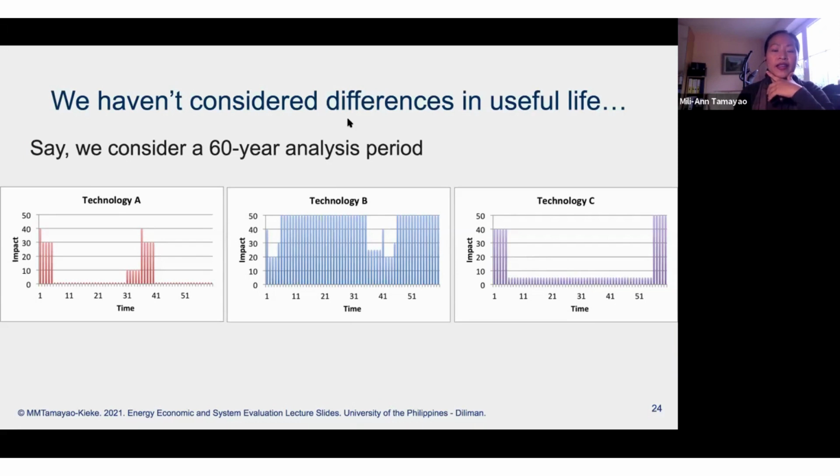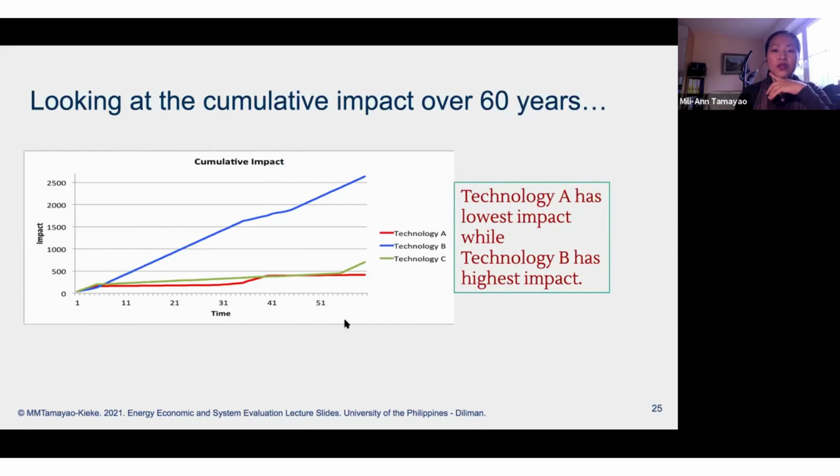Okay. And as mentioned kanina, the useful life is very important. So if we say we consider a 60-year analysis period, anong mangyayari? So this is going to be the cumulative impact, no? As we can see, mas mataas yung cumulative impact ni B all throughout or most of the life cycle, okay?